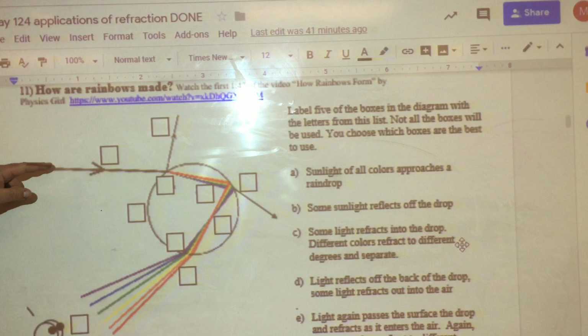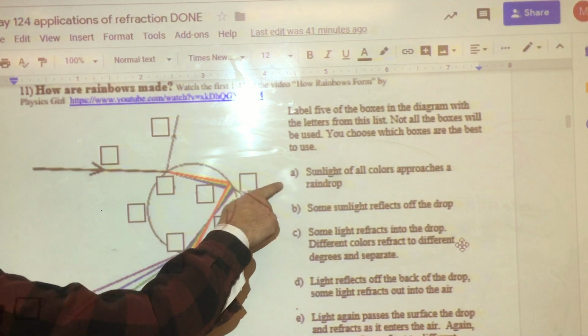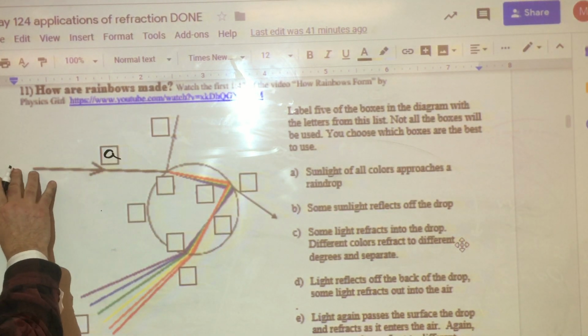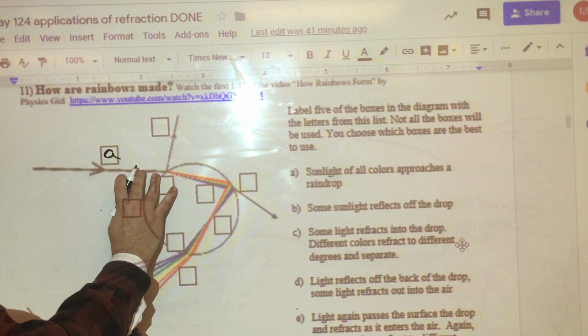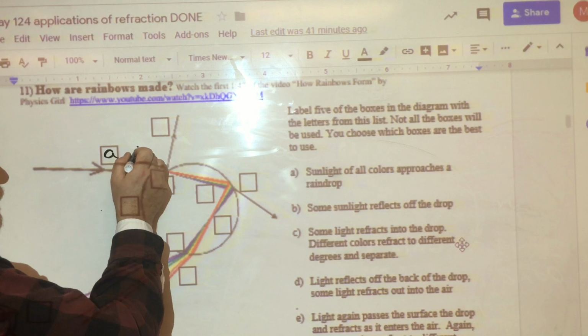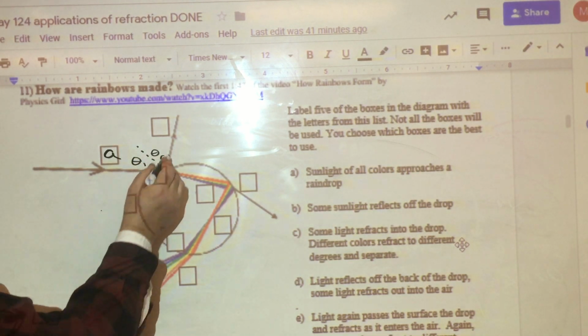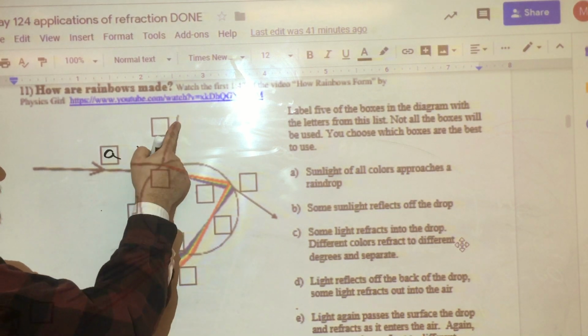Okay, so here we have the white light coming in. So that is letter A. Sunlight of all colors comes to the raindrop. Some of it is going to reflect off the drop, and looking at the angles here, here's the normal, theta incidence, theta reflection, so some of it's going to bounce up this way.